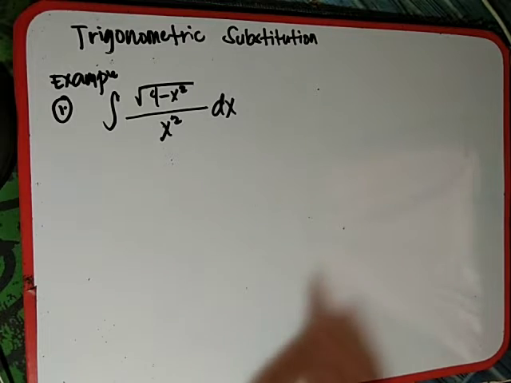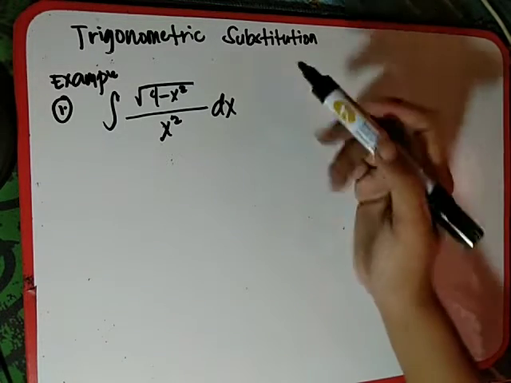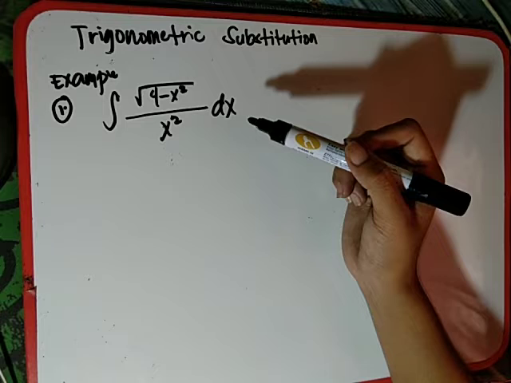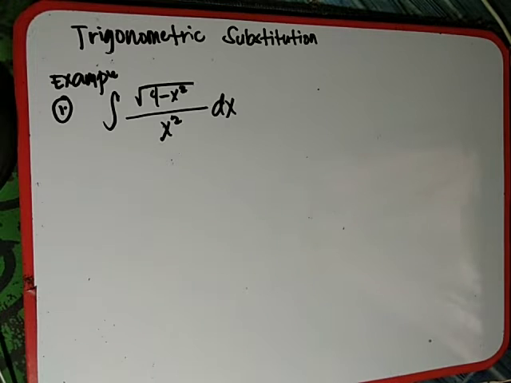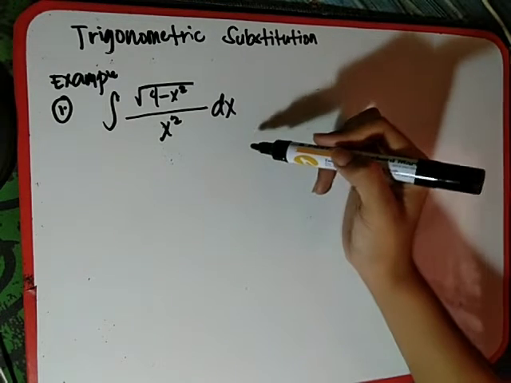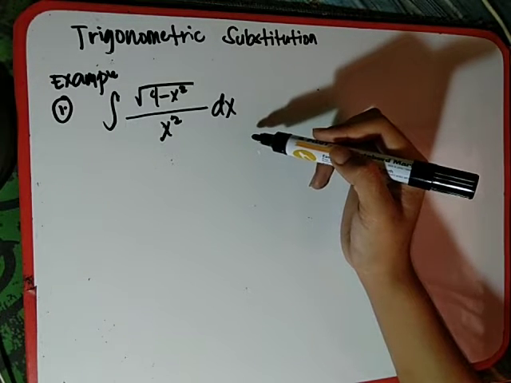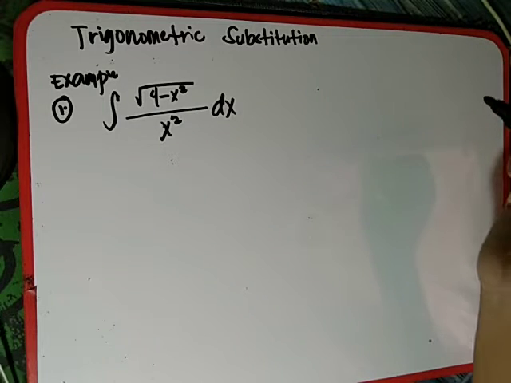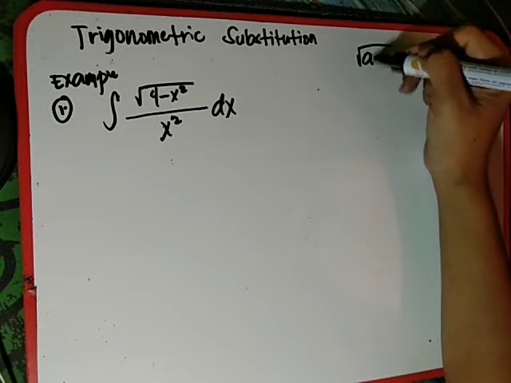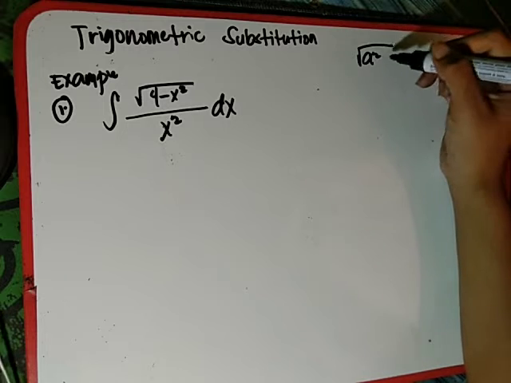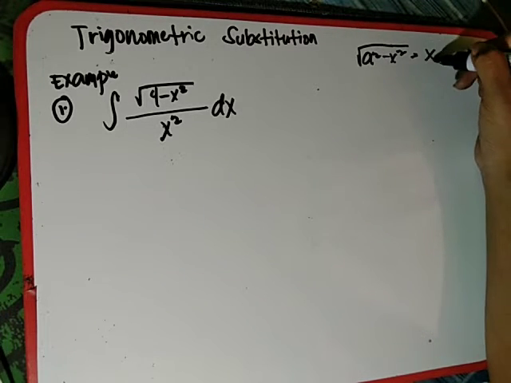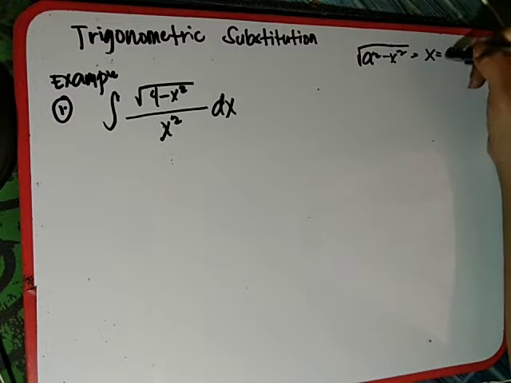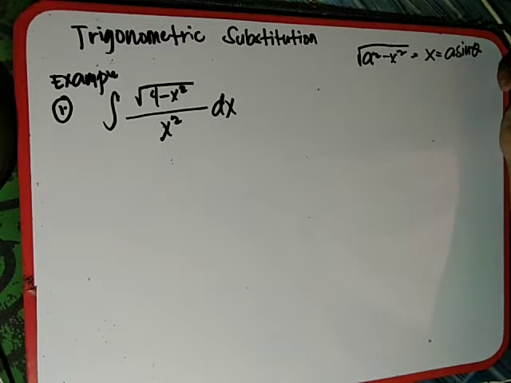Remember that this is case number 1, the a squared minus x squared, where x is equal to a sine theta.